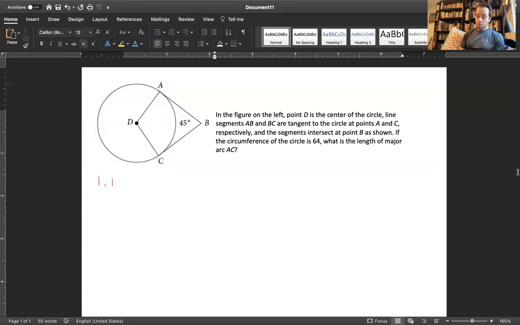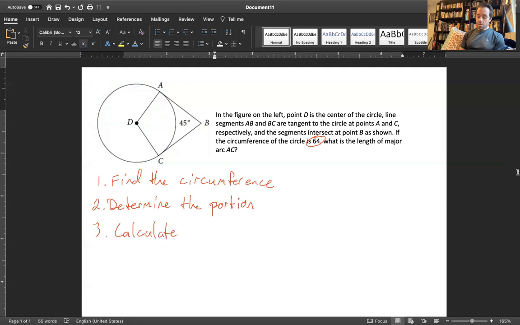We're going to find the circumference of the circle. And this is actually super easy for us because it's already found. Determine the portion, and then calculate that portion of the circumference.